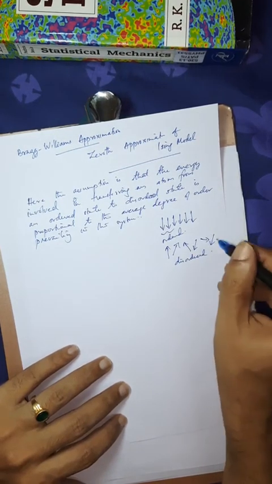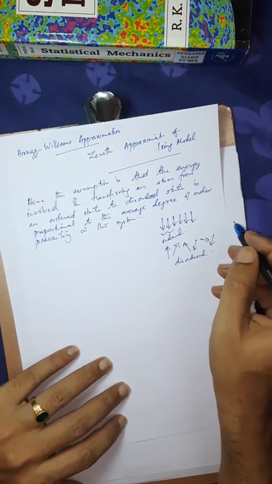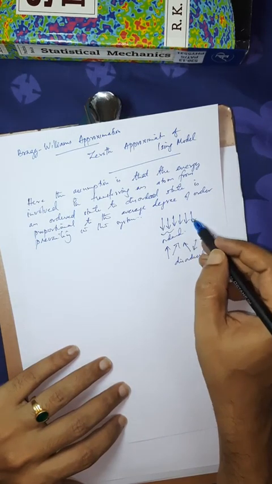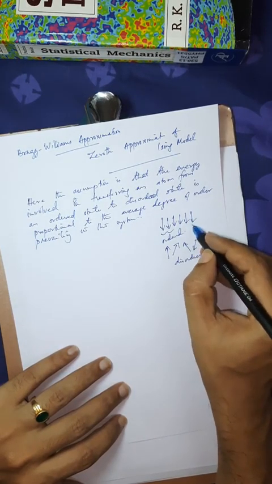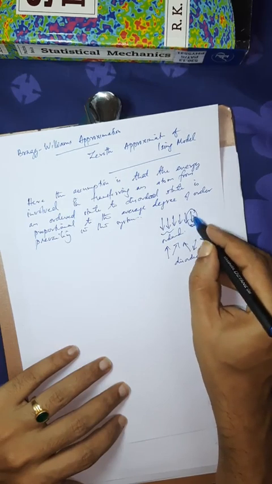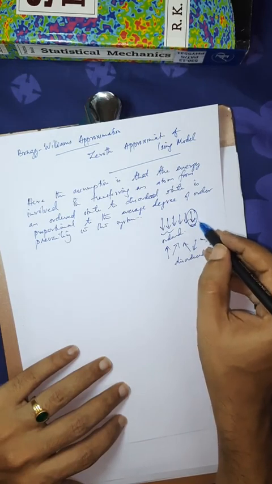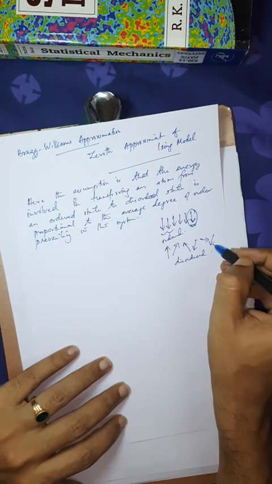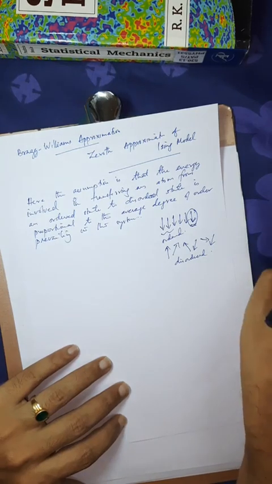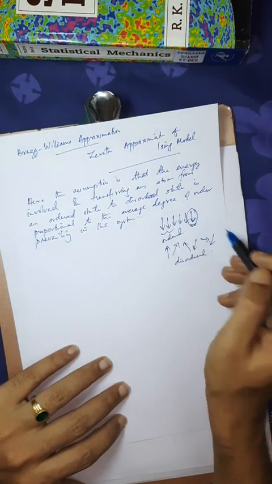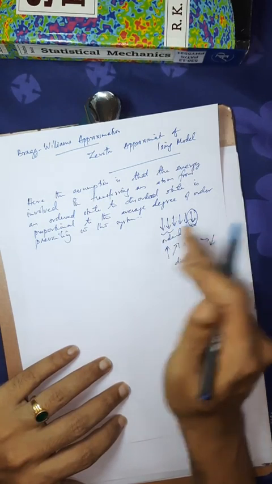If I want to make an ordered atom like this, for example this spin, into a disordered state like this, I need to spend some kind of energy, right? Because this is well ordered, I need to break this order.